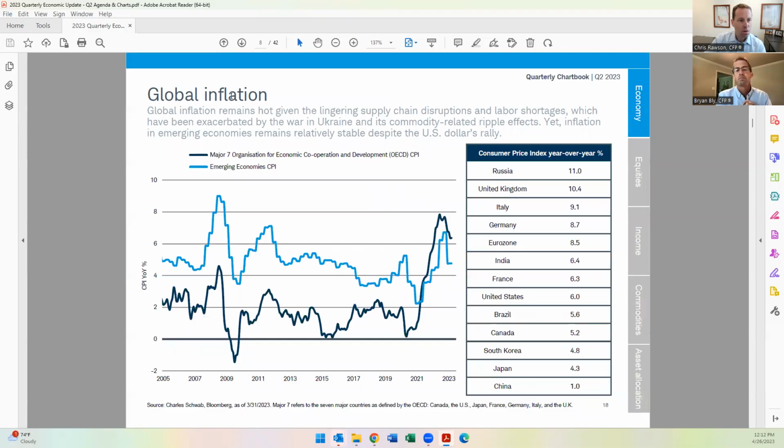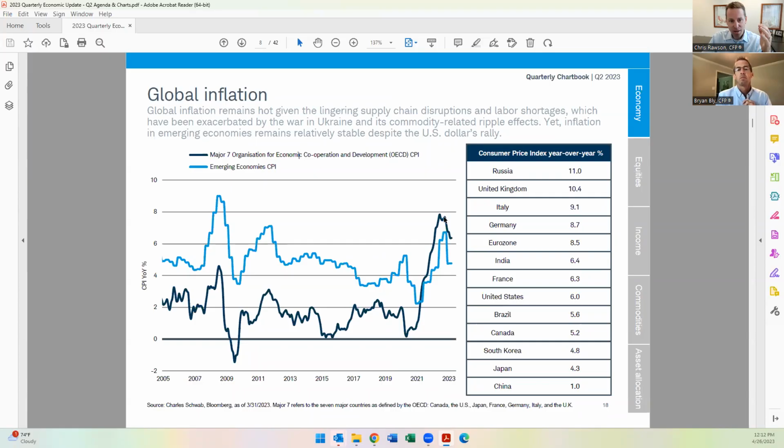Global inflation. Global inflation is going down. We've been experiencing this. These are the 7 major economies, and then here are emerging economies. Coming out of COVID, I'll show you the next slide, but we want to enjoy our lives.